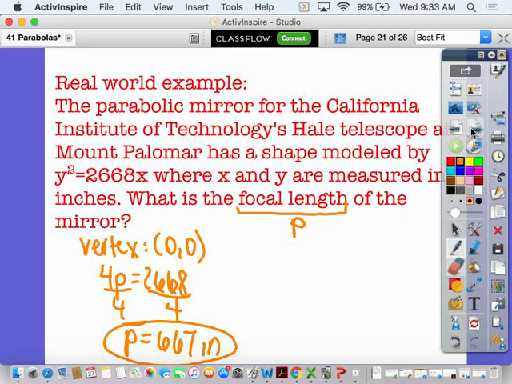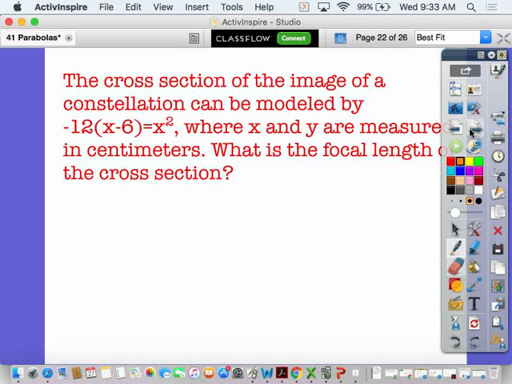Exactly. Alright, look at the next example. The cross section. Now we talked about cross sections. That's where your parabolas, circles, ellipses and hyperbolas are created by the cross section between a plane and a double-napped cone. So the cross section of the image of a constellation can be modeled by this equation where x and y are measured in centimeters.